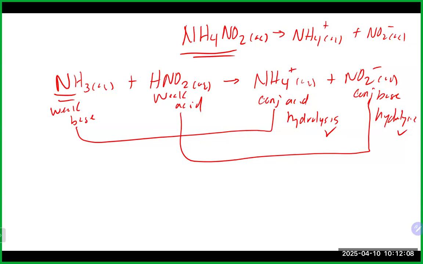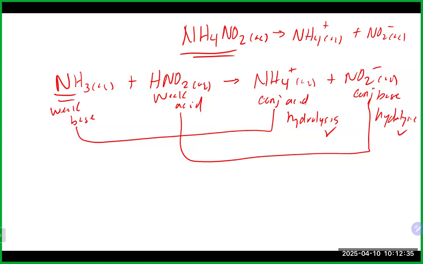So although a lot of times when you come across a salt, maybe only one part of the salt will go through hydrolysis, it is possible that you could create a salt where both of them would go through hydrolysis. Now, obviously, the calculation would be pretty complicated since you have two salts going through hydrolysis at the same time, and really one would produce H plus and one would produce hydroxide.